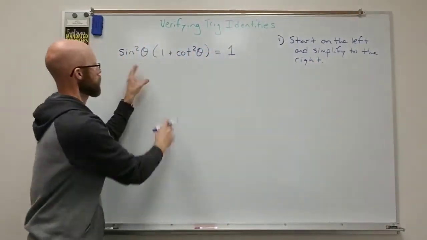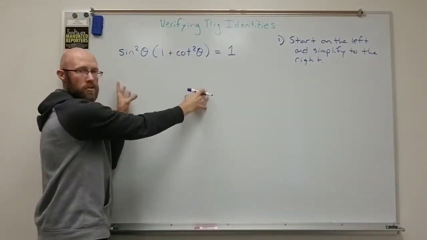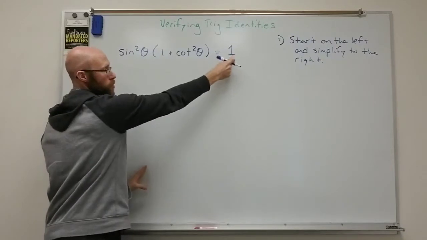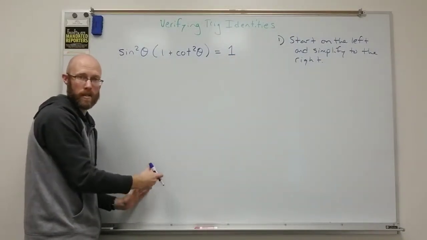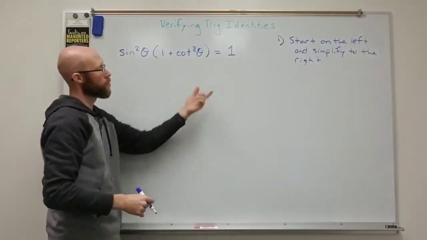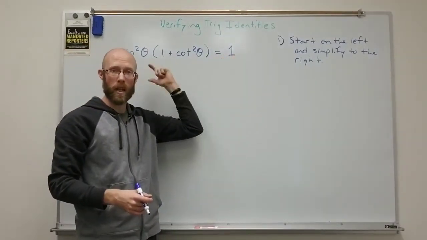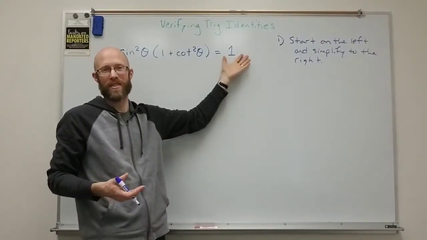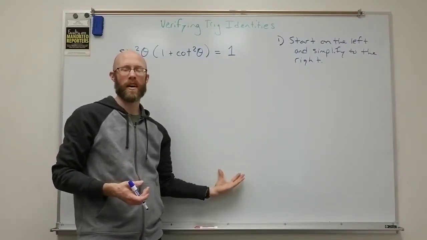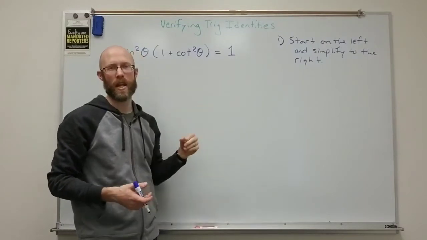Okay, so you might start with this expression on the left, do some simplifying, and hopefully you get the right-hand side at the end. That's one approach. Another one is to start on the right and go to the left. Okay, so in this case, 1 is about as simple as it gets, right? There's not a whole lot you can do to 1 to simplify it down to the other stuff. So that might not be a good approach.